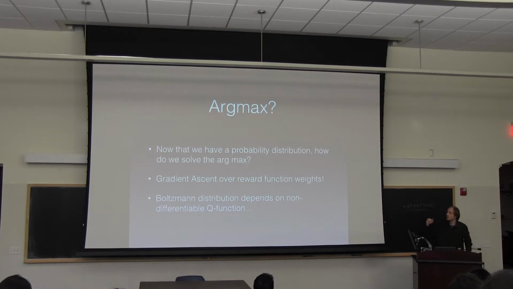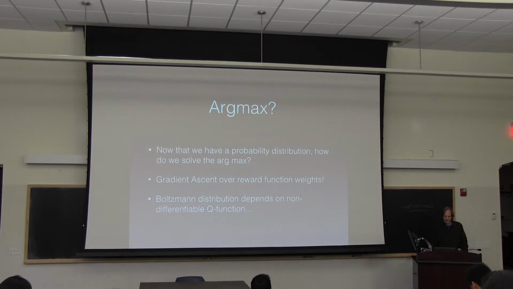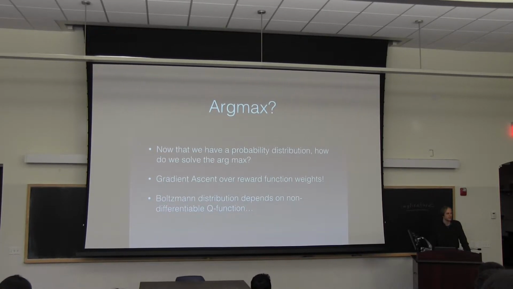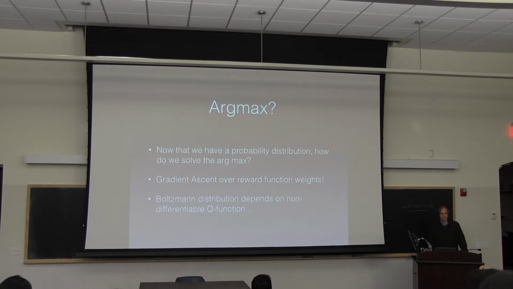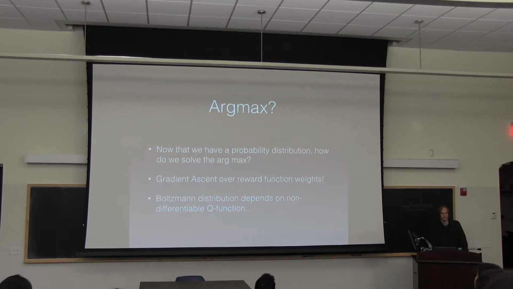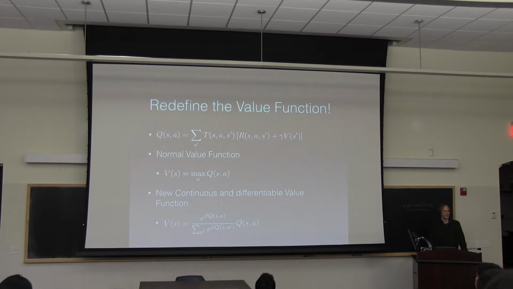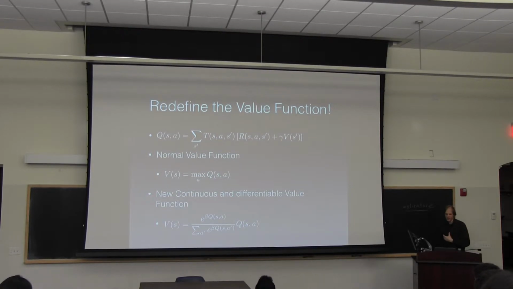OK, but the problem with this is our probability distribution, or Boltzmann policy, depends on the non-differentiable Q function. Because Q values always have this max operator in there, and it's all this recursive structure, and it's just a mess. You can't compute a derivative from that. So what can we do? We can redefine the value function, in a similar way to how we define the policy.